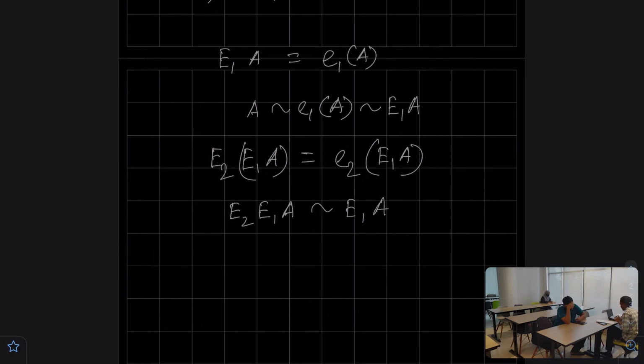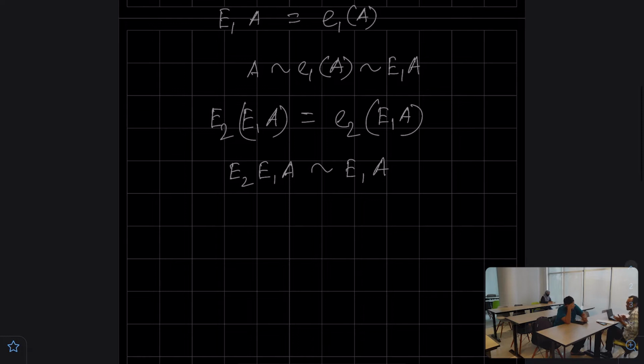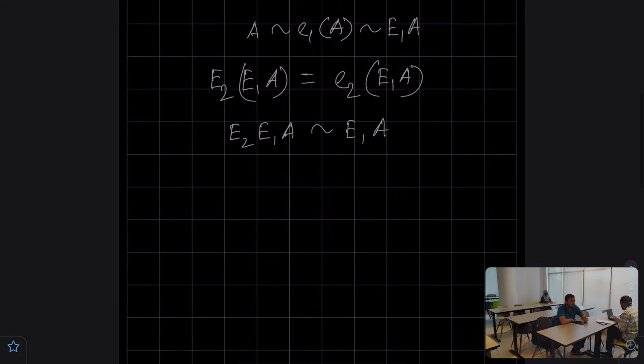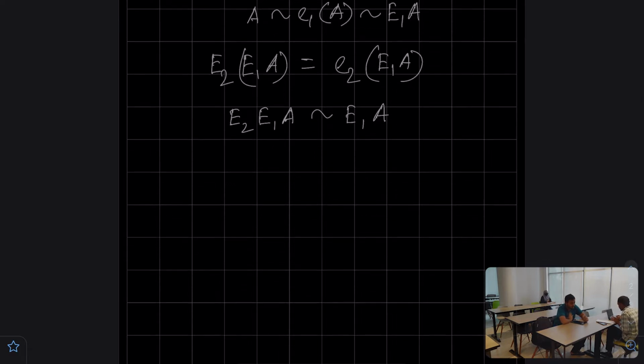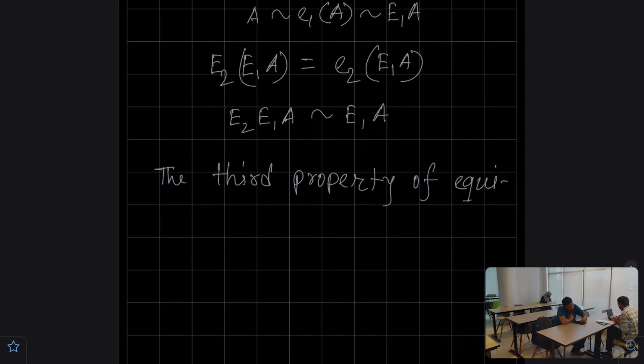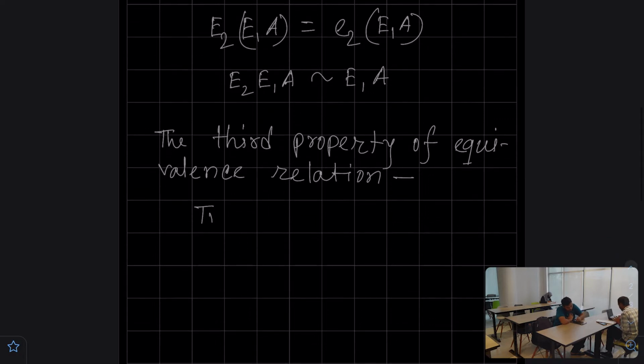Since equivalence of matrices is actually an equivalence relation, the third property of an equivalence relation is transitivity, right?